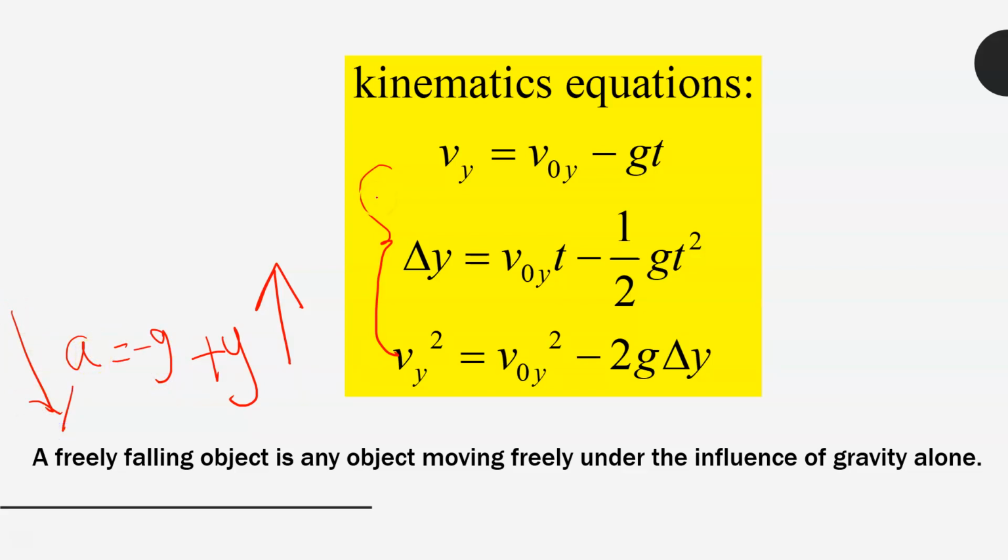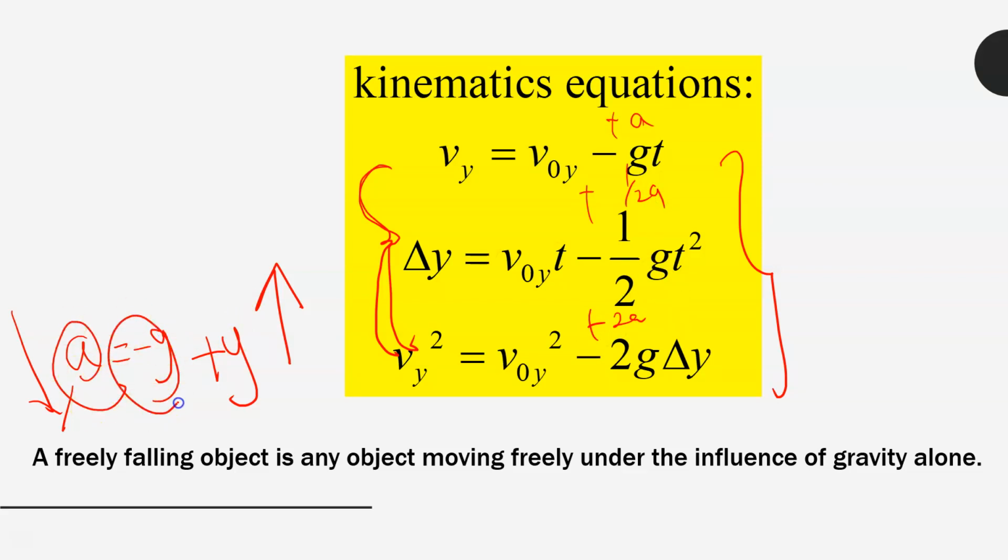So our 3 kinematic equations will become like this. This is supposed to be positive a, this is supposed to be half a, this is supposed to be positive 2a. But when the acceleration is changed into negative g, then my new equations for free fall are equal to this one, and this one.